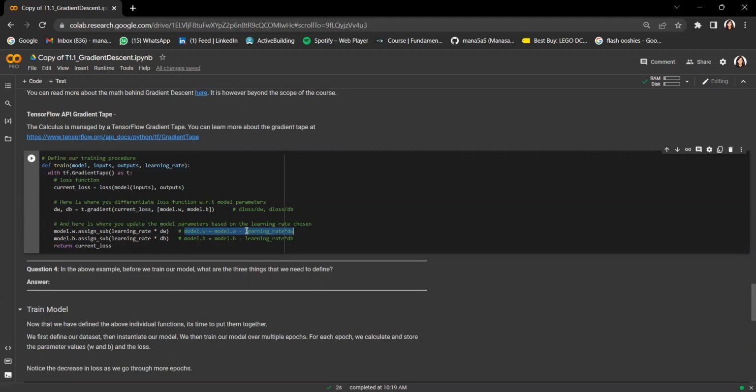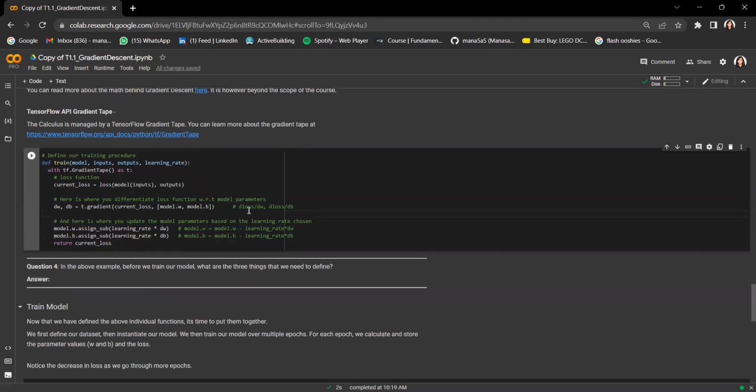Learning rate essentially determines how big each step is from your predicted value of W and B towards the actual ground truth value. So if it's really big, it might overshoot the local minima or the actual value.